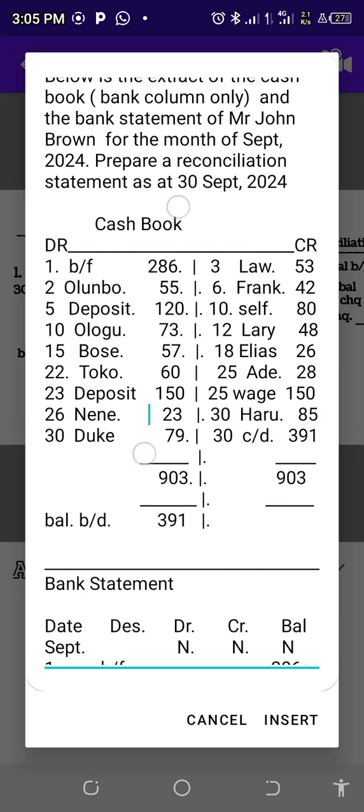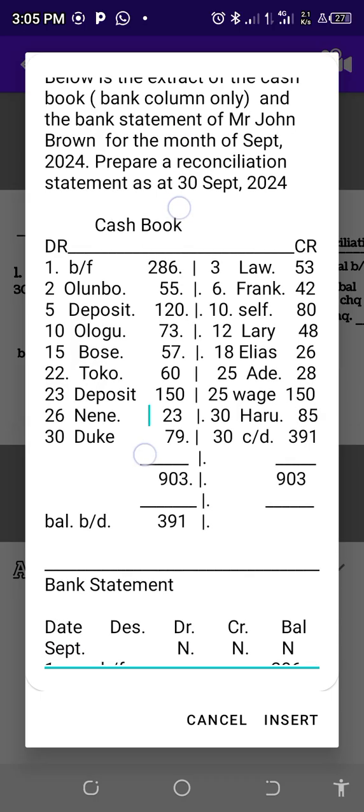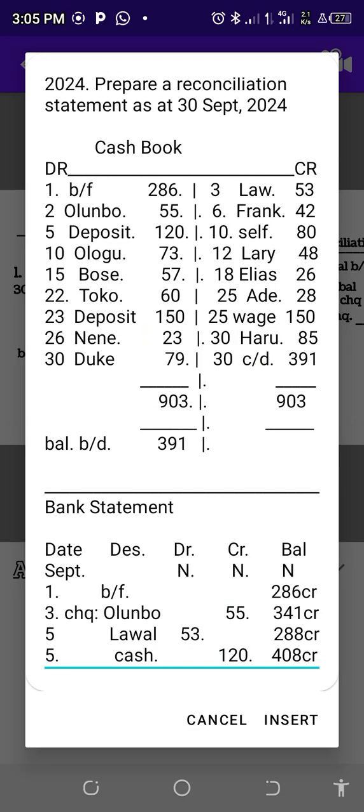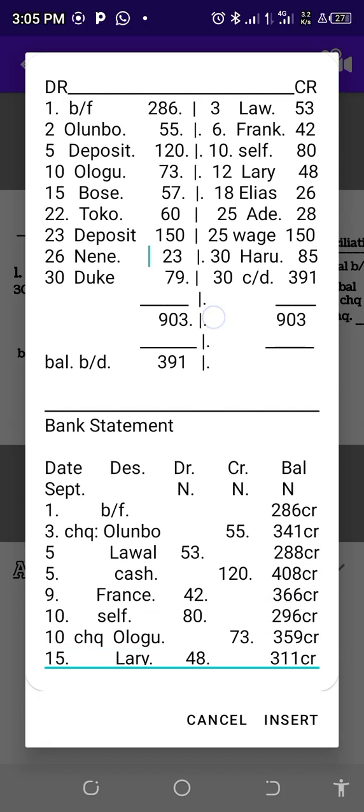Now, what we first of all do here, this is the bank statement, the cash book, and this is the bank statement. Do not forget that all debit entries in the cash book, that is increases in the cash book, are traceable to the credit side of the bank statement.